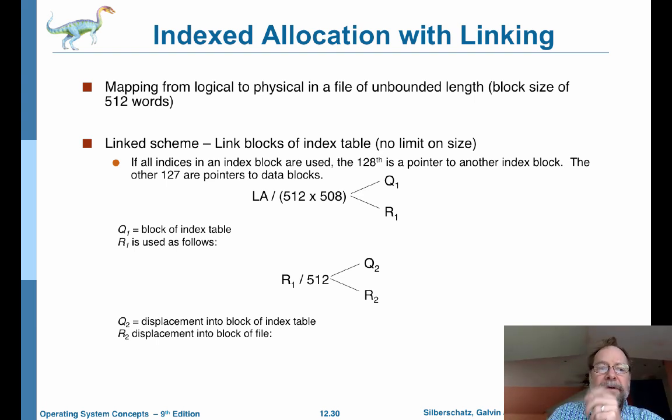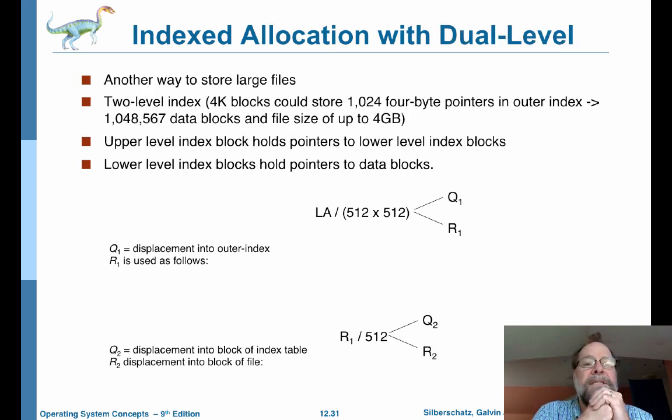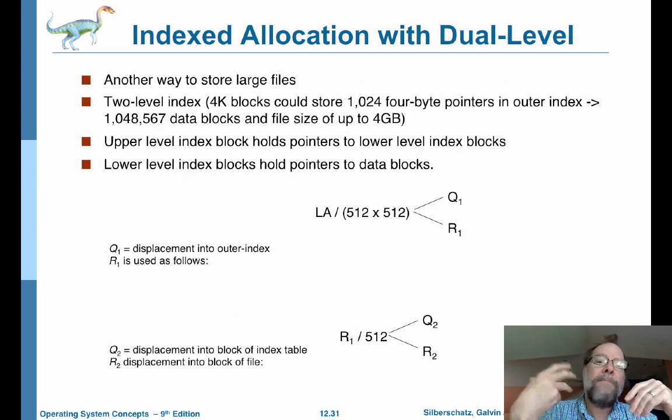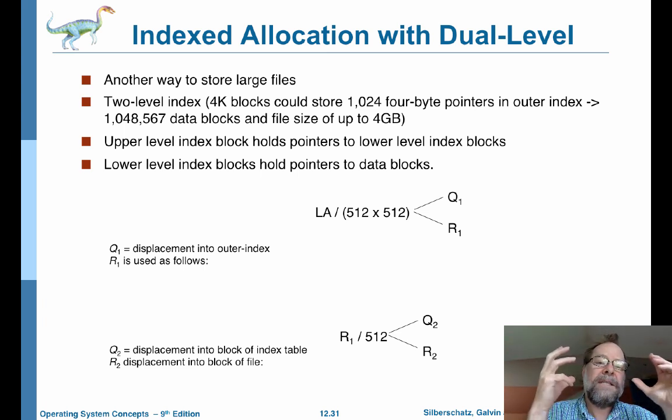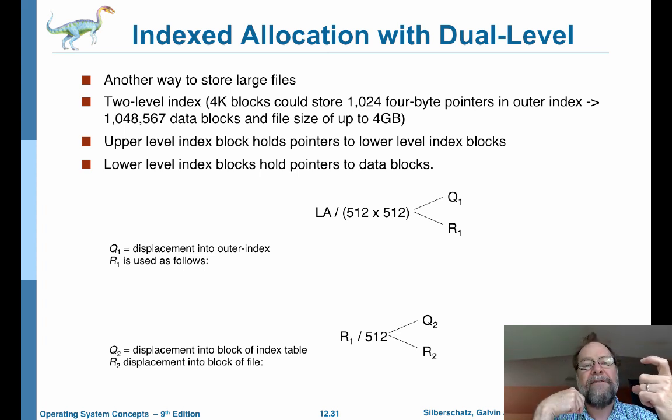Another technique other than the linked index scheme is adding more levels of indexing. So we'll start by talking about dual level indexing. The way this scheme works is that you have two different levels of index blocks. You've got a topmost level index block, and the pointers in that block are all pointers to low level index blocks.